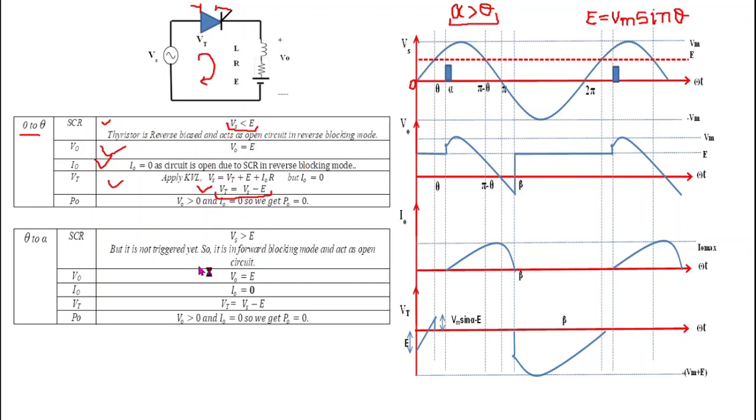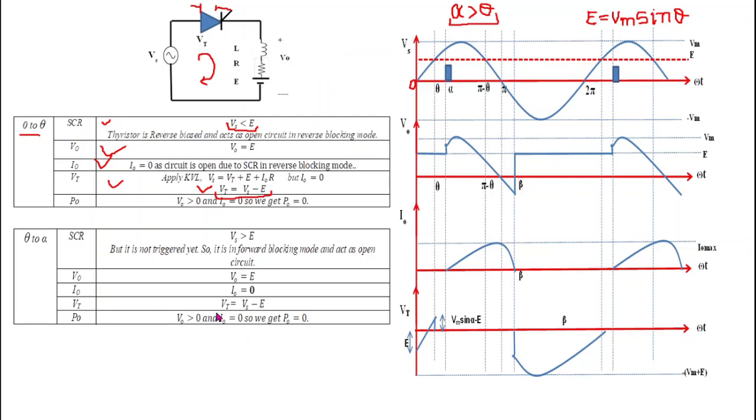So the thyristor is in forward blocking mode, and in forward blocking mode the thyristor acts as an open circuit. So from theta to alpha also the thyristor will continue to act as an open circuit. When the thyristor is open circuit, I0 is equal to 0. What is output voltage V0? V0 is equal to EMF E, because the drop across L and R is 0.